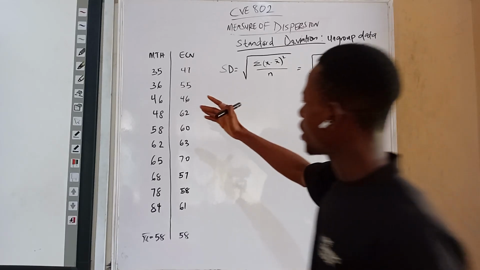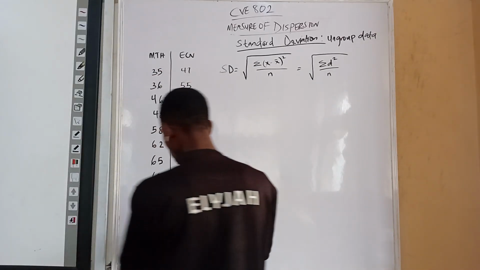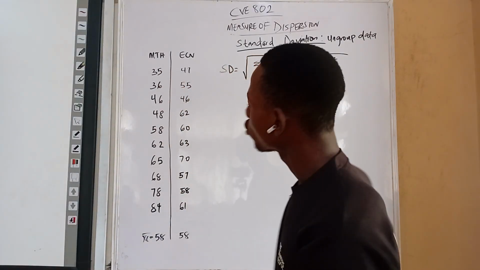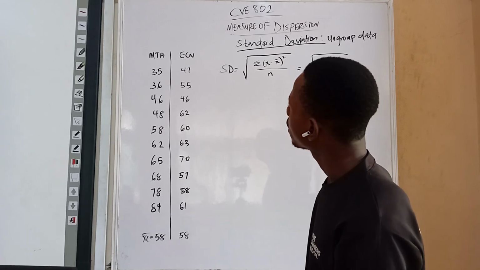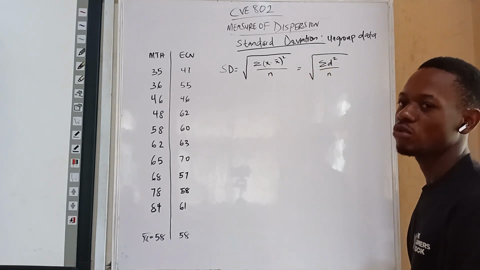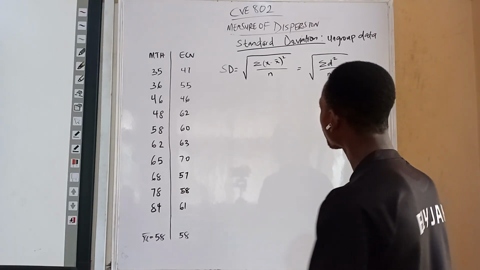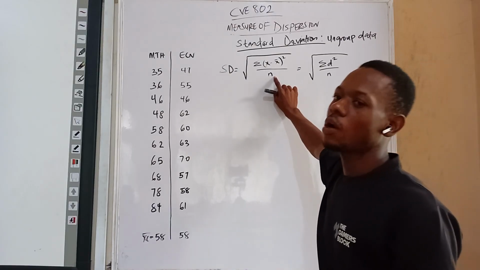Let's take this as an example. We want to calculate the standard deviation for the scores of 10 students in mathematics. From the formula, we need to calculate our mean and we need to know our total number.